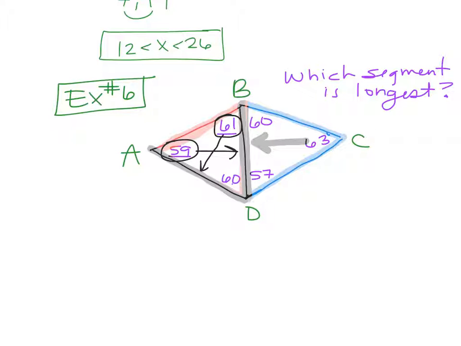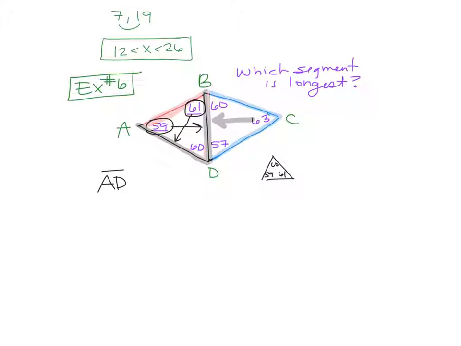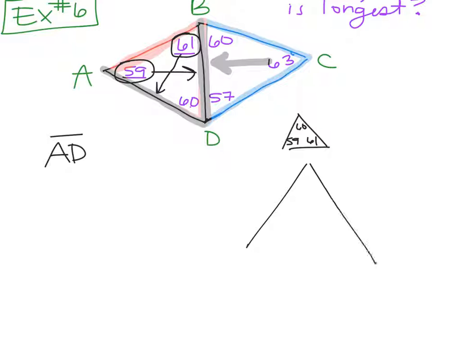AD is longer. Remember how there isn't an AAA postulate, right? I can have 59, 61, and 60 look like that, or I can have 59, 60, and 61 look like that. So you cannot just say, well, the 61 is the biggest.